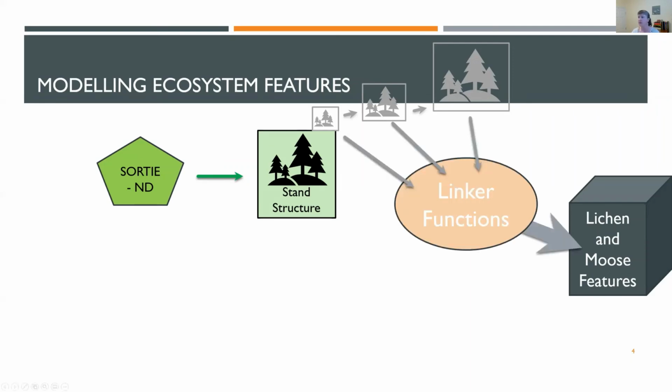So we can develop linker functions that link the habitat features to specific stand characteristics. And if we can develop those, then we can predict from the output of the stand model not only the stand features, but also how suitable the stand is to support lichen and moose habitat.